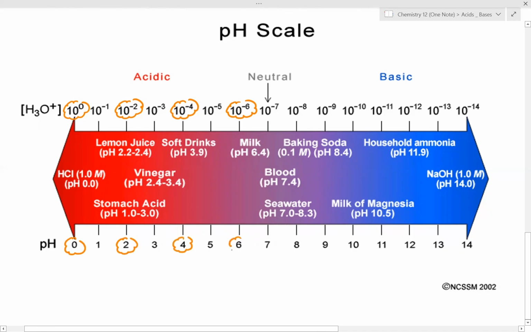It actually goes up. Okay, something for you to be aware of. All right. Now, what I want to do right now is go through maybe a few examples with you, just to give you some practice on how to calculate using the pH scale.